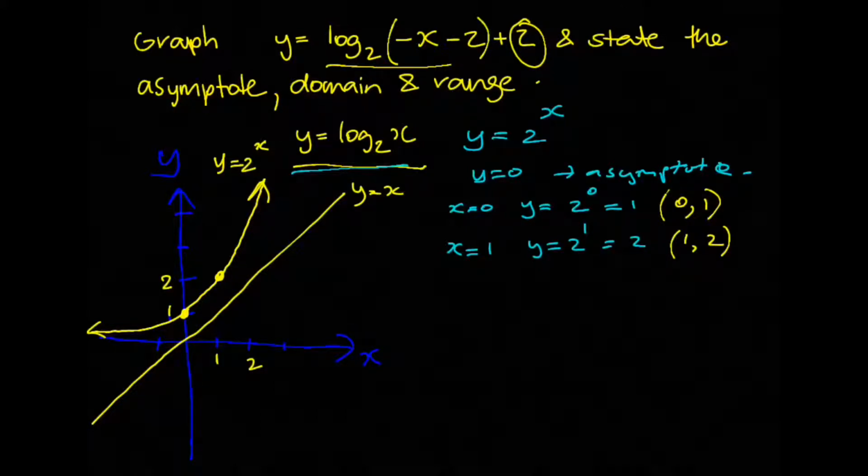So reflecting, instead of (0, 1) for this point, we've got (1, 0), and instead of (1, 2), we've got (2, 1). And then our asymptote is now x equals 0. So we go ahead and draw this in. So this is the graph for y equals log to the base 2 of x.